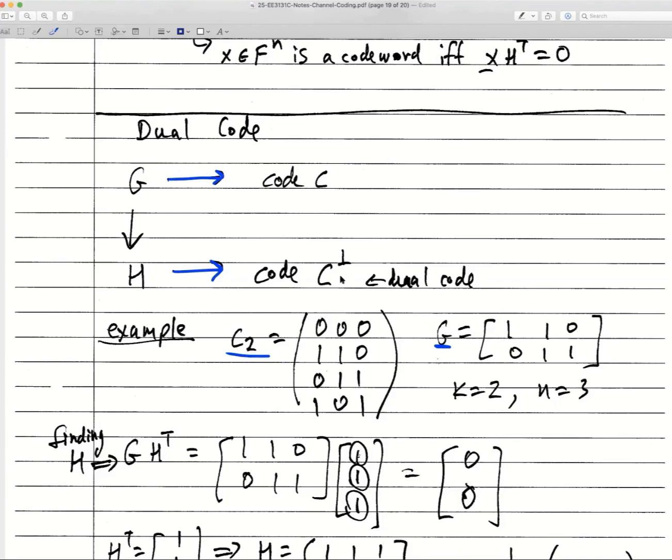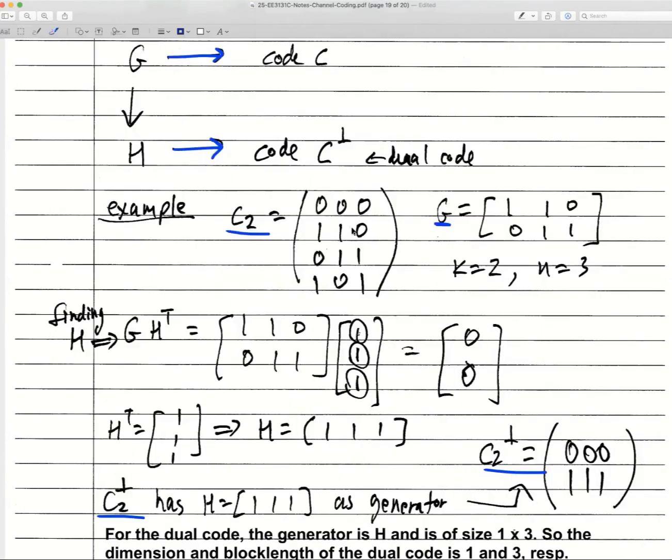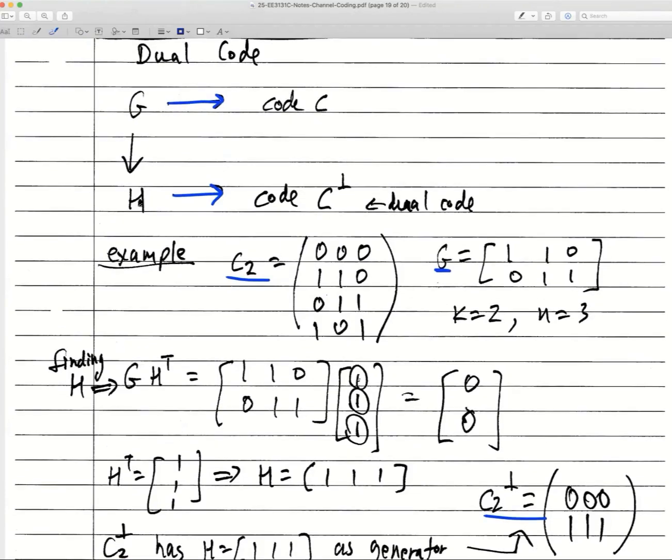They're tied together. So understanding the dual code is almost as good as understanding your original code. I just want to expose to you that there's this thing called a dual code. You have a code generated by a generator matrix, right? That code has a parity check matrix. So H is the parity check matrix of C. But when you think of H itself as a generator, you get the dual code. And that ties these two together.